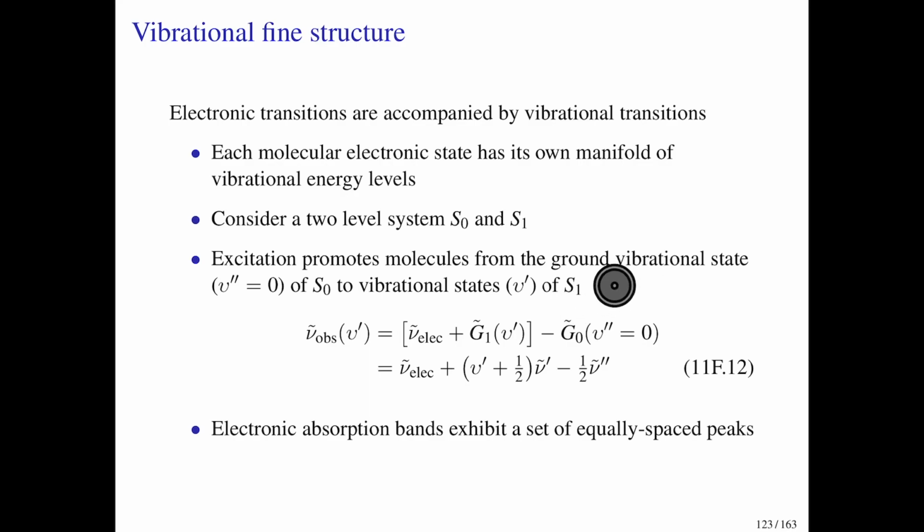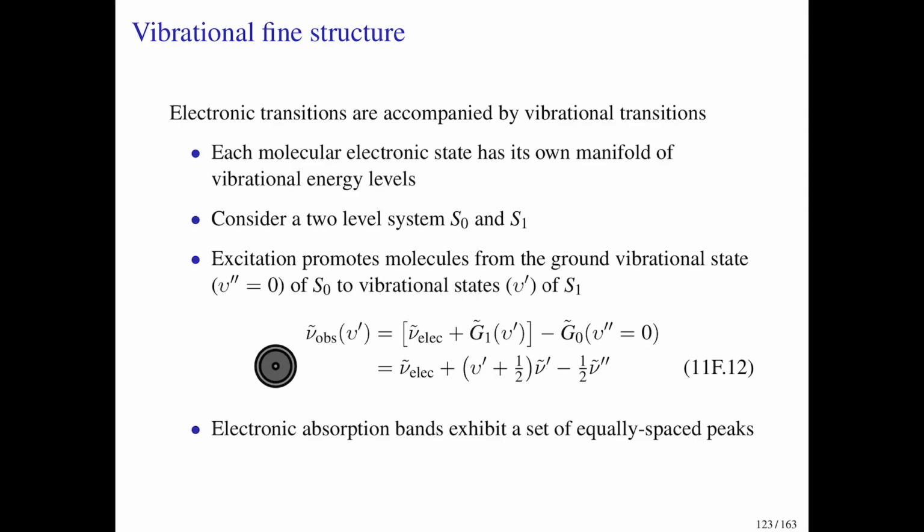And if you substitute in the harmonic oscillator model for the vibrational terms, you get an expression like this, where nu prime and nu double prime are the vibrational frequencies on the first excited state and the ground electronic state. Upsilon prime is the quantum number for the vibrational state on the excited electronic state.